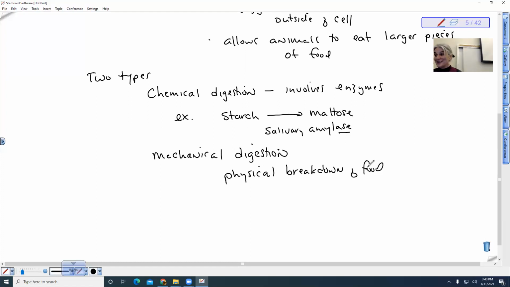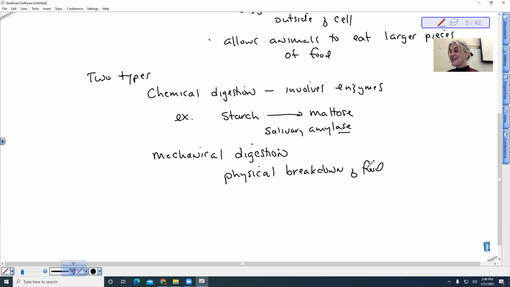Some organisms have a gizzard, and some birds, for example, even eat stones, and they break their food down inside their gizzard by using those rocks. We have teeth that are specialized for chewing and breaking down food mechanically. And even in our stomach, the churning of the stomach is an example of mechanical digestion.